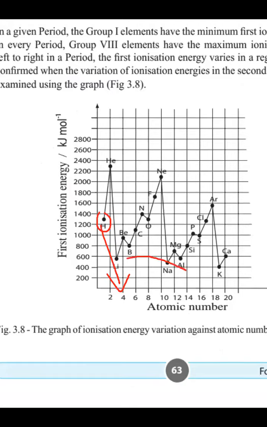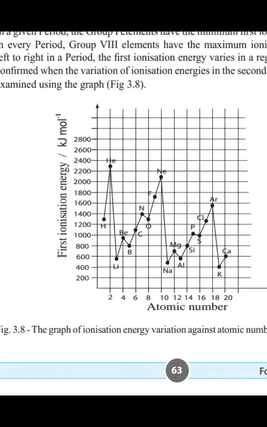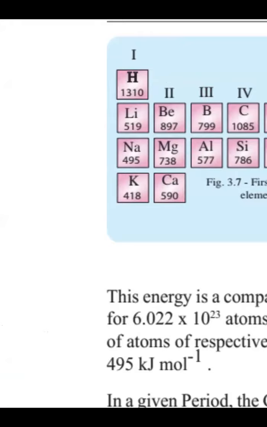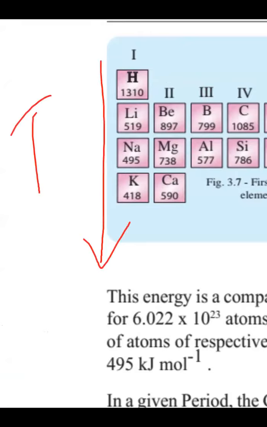Lithium to sodium once again drops. Sodium to potassium also drops. It means first ionization energy drops in group 1 from top to bottom.